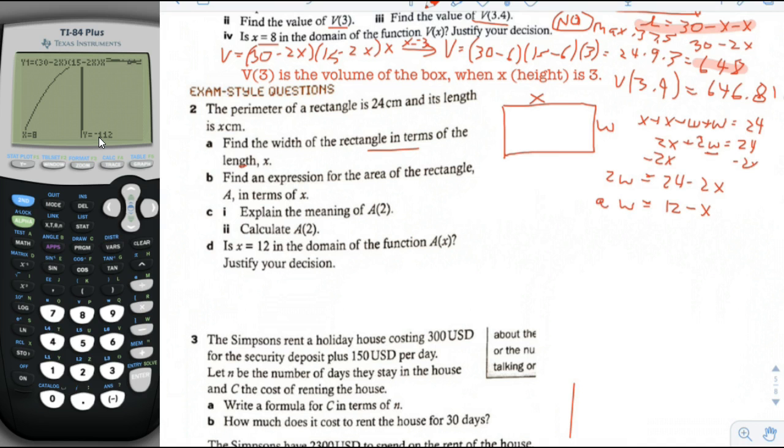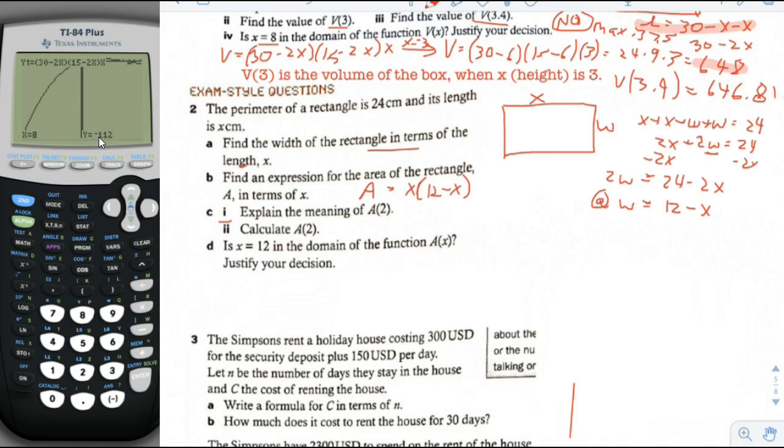B. Find the expression for the area of the rectangle A in terms of x. x times 12 minus x. Okay, right? And then C1. Explain the meaning of A with an input of 2.